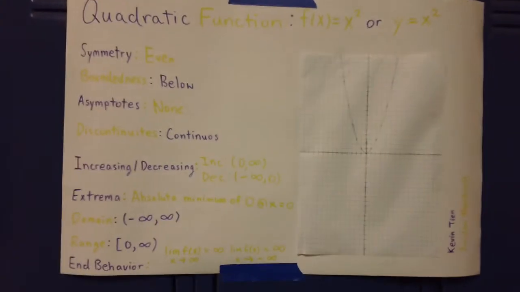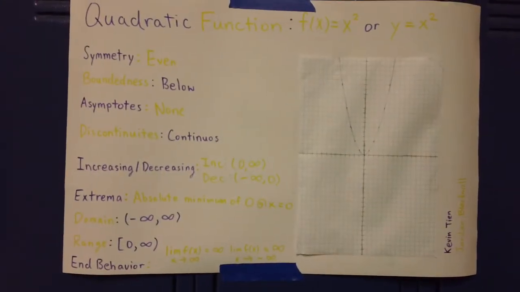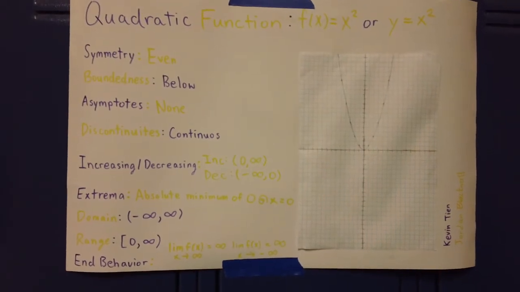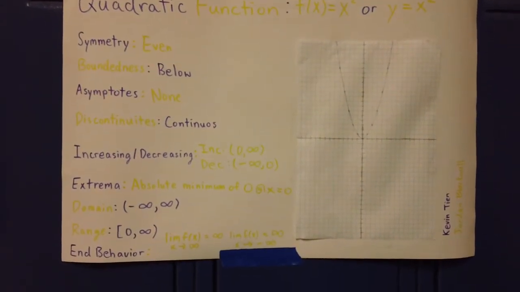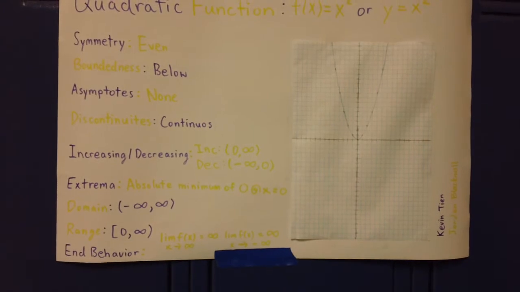The quadratic function is symmetry is even, so boundedness is below. Asymptotes, we don't have any asymptotes. Continuity is continuous. It increases from 0 to infinity and decreases from negative infinity to 0.